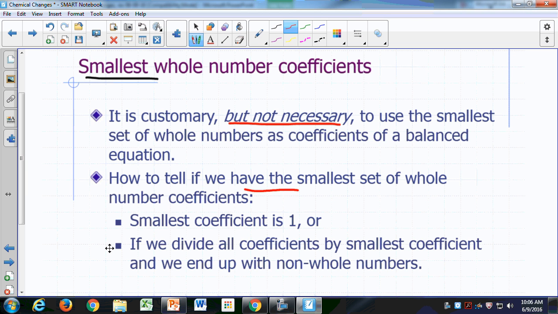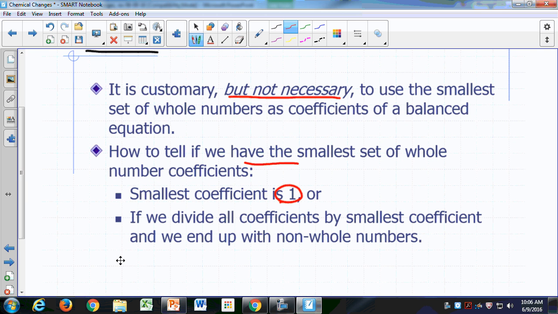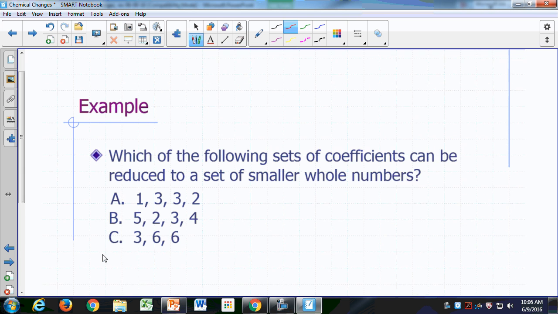Well, if one of those coefficients happens to be 1 and they're all whole numbers, then you've already got the smallest set of whole number coefficients. If not, if the smallest coefficient is not 1, then simply divide all those coefficients by the smallest of them, and then if we end up with whole numbers, then you already had the smallest whole number coefficients. Let's look at an example here.